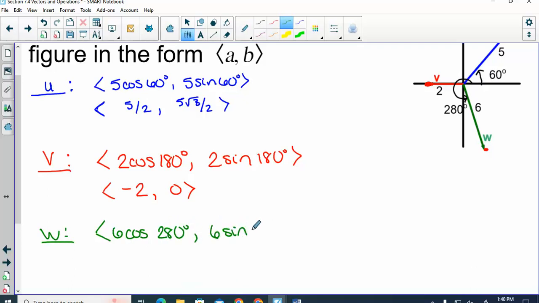Since we don't know 280, we'll use our calculator for that one. Is that okay?